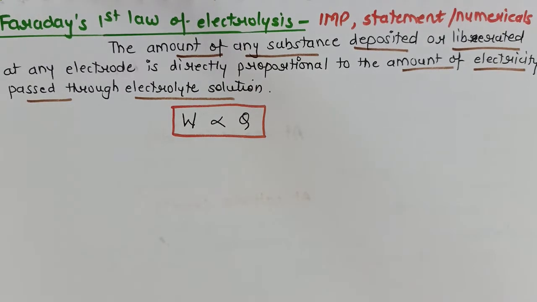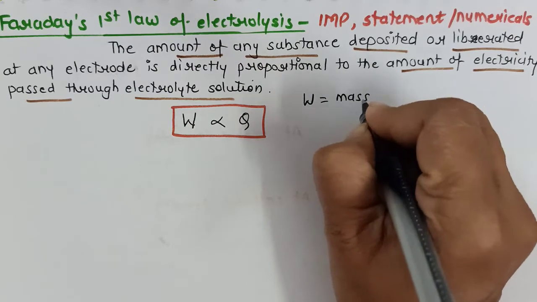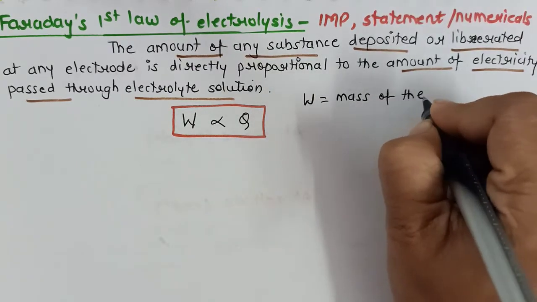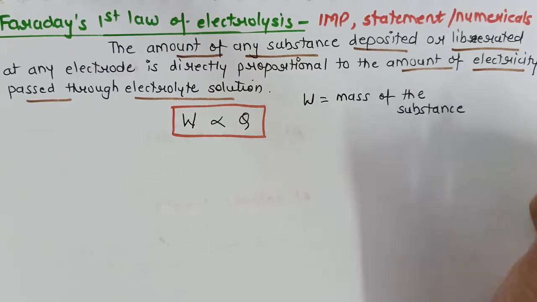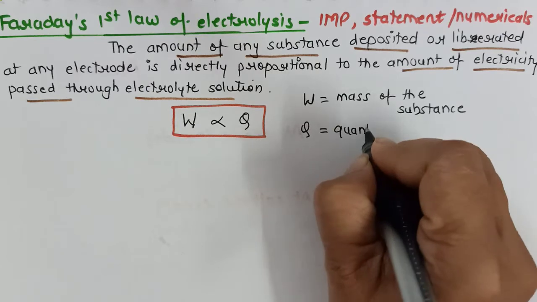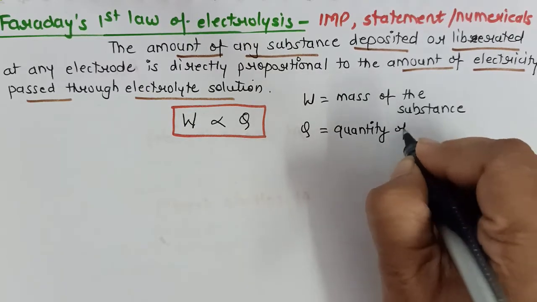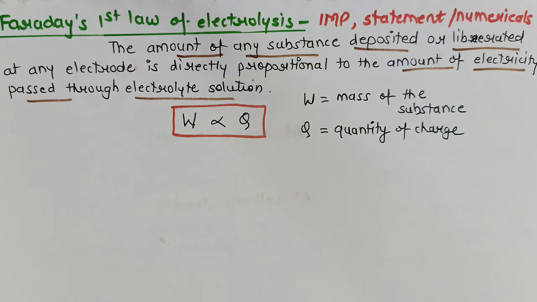So we can say W is directly proportional to Q, where W will be the mass of the substance that will be either deposited or liberated, and Q will be the quantity of electrical charge that we are passing through the electrolytic solution.